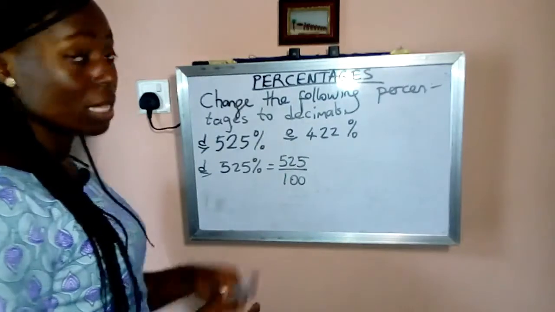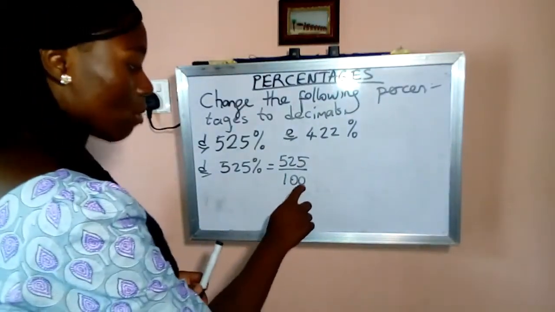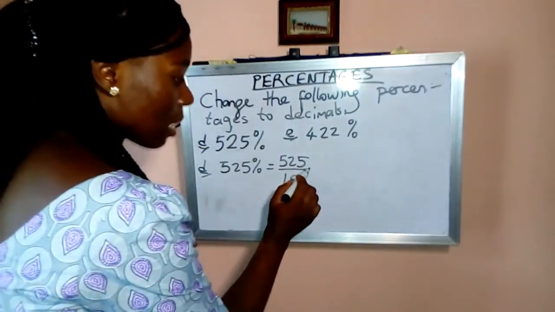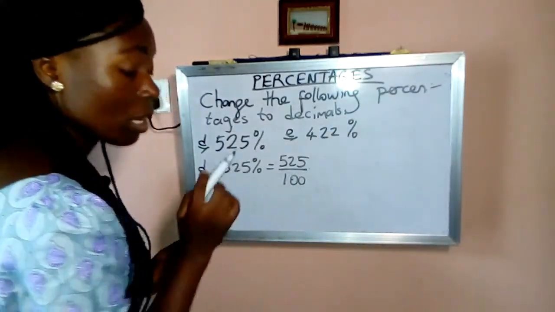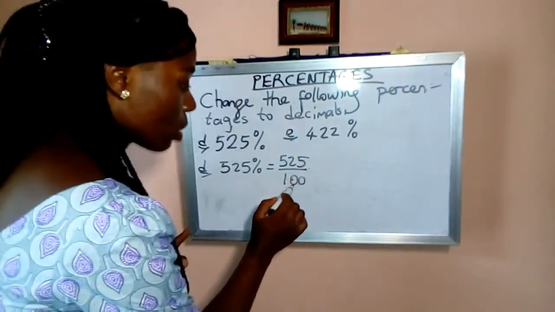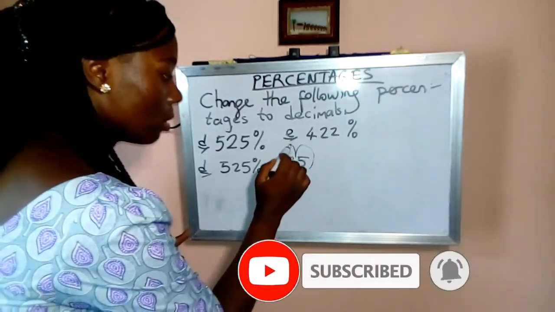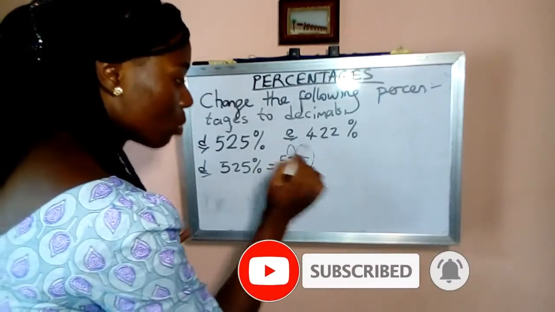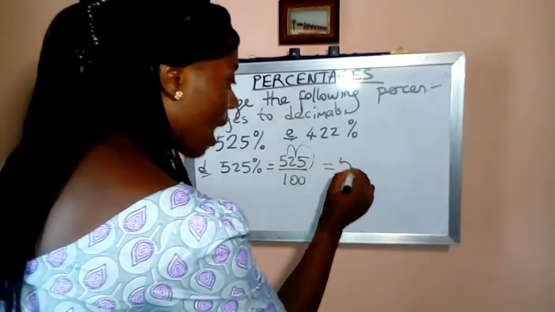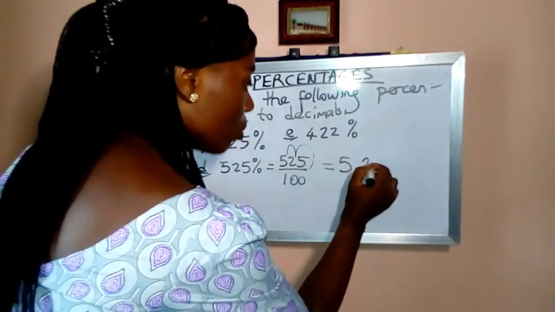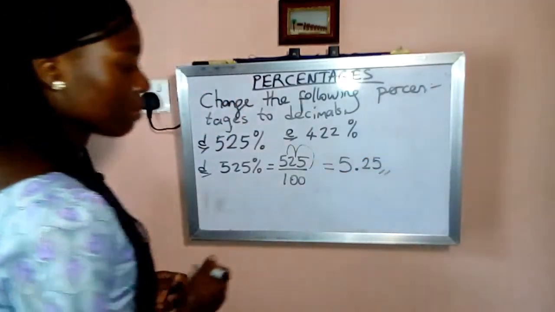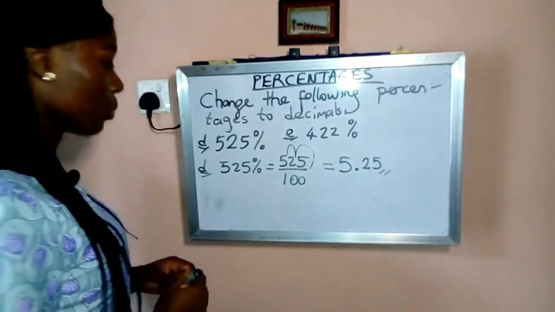Now we're changing to decimals. So how many zeros are here? We have 2. Remember, there's an invisible decimal point. Since we have 2 zeros, let's move how many places? 1, 2. Our decimal point will be in the middle here, and we'll have 5.25 as our answer. It's that simple.